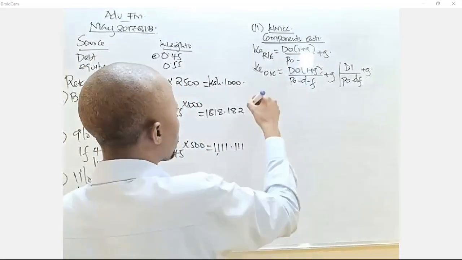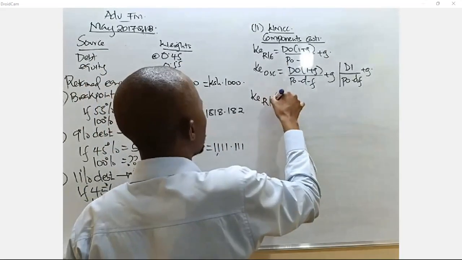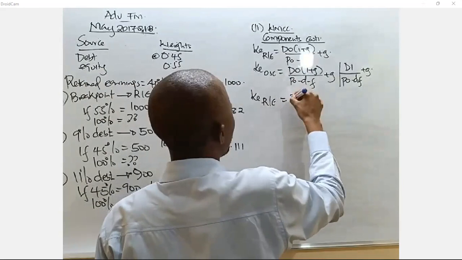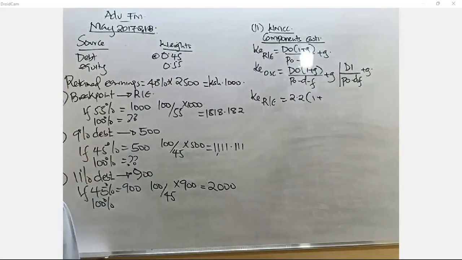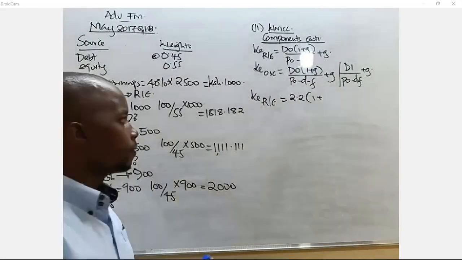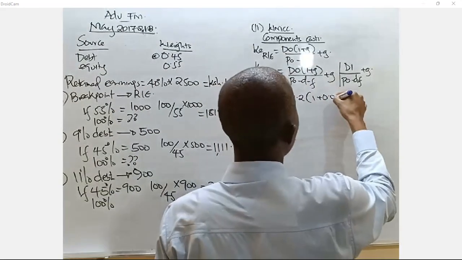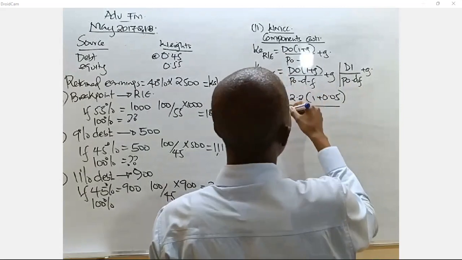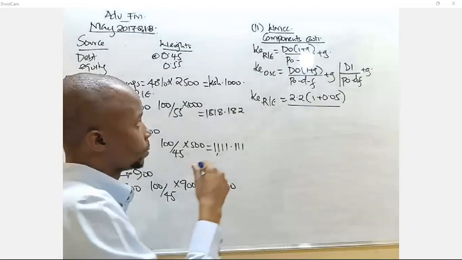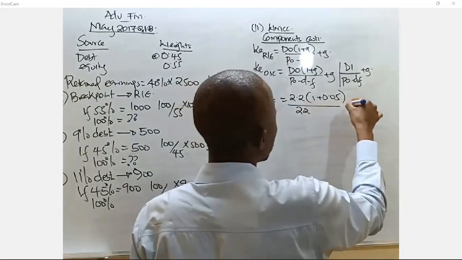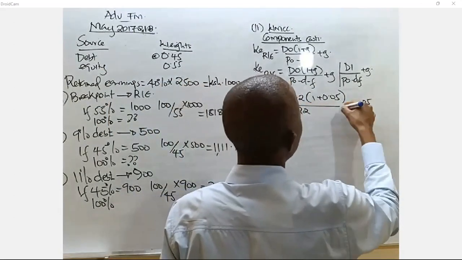So if I'm calculating the cost of equity of the retained earnings, I am going to take 2.2 times 1 plus the expected growth rate, which is 0.05. You divide by the market value, which we are given as 22. Do we have discounts? I have not seen it. Plus 0.05.